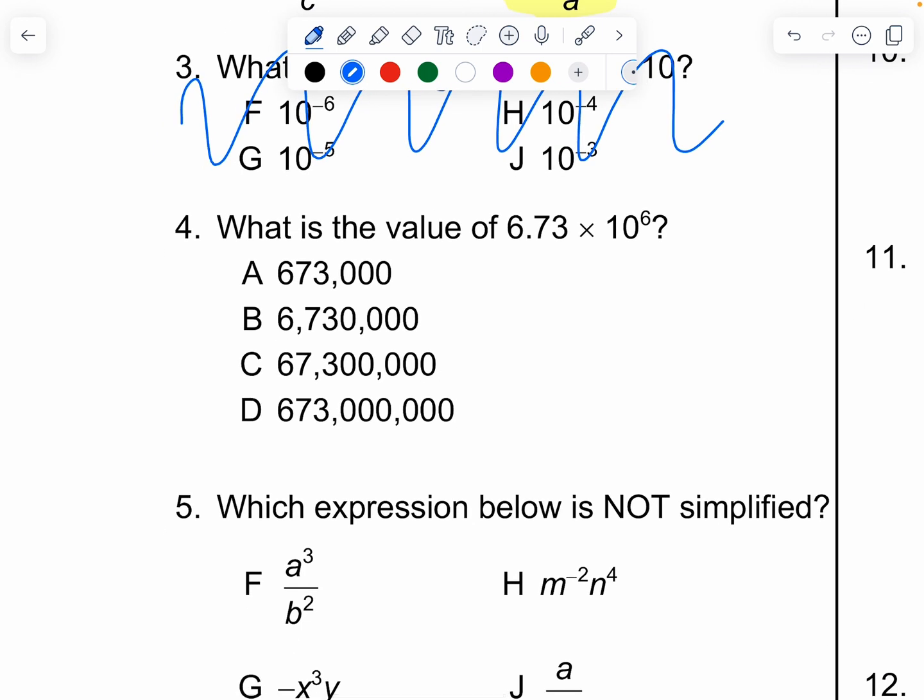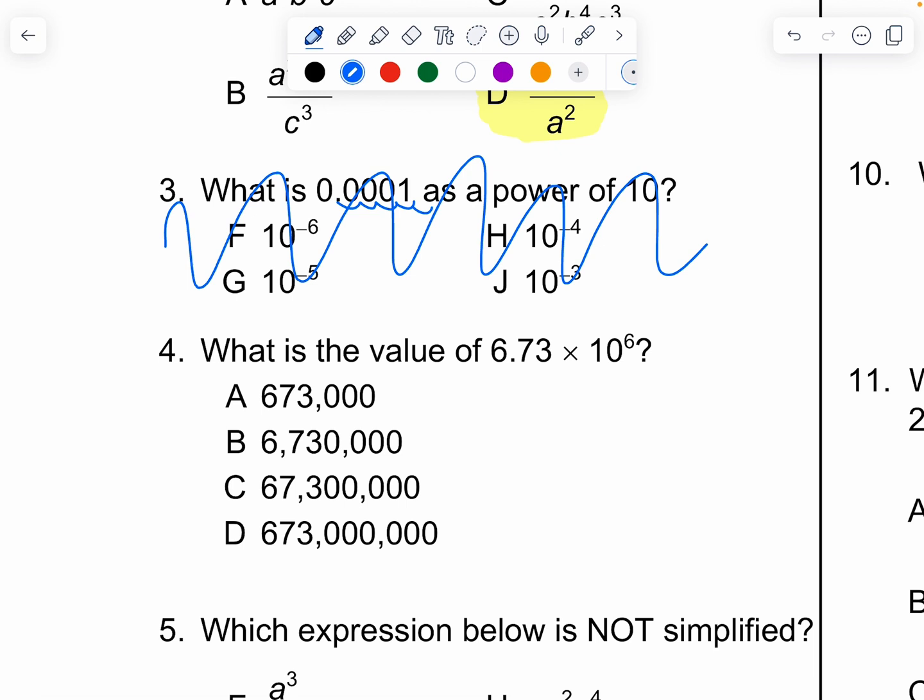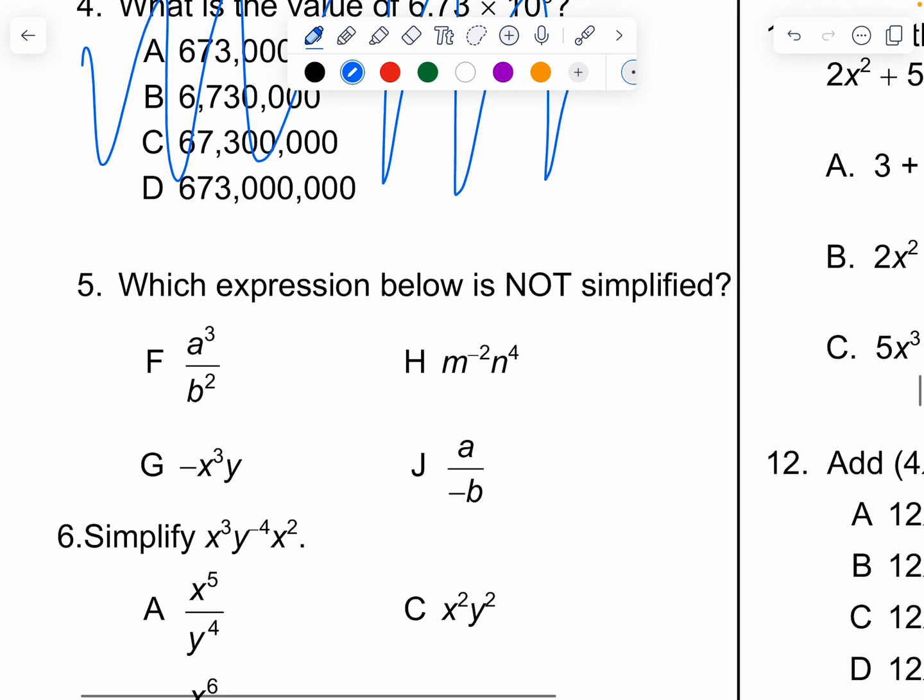What is the value of... That's another scientific notation question. Repeated multiplications of 10 move the decimal place one time. So if you move the decimal to the left, that's in a negative direction. If you move the decimal to the right, that would be a 10 to the positive power. So again, it's scientific notation. It's something you'll talk about later.